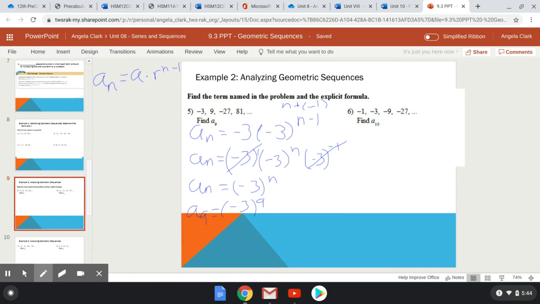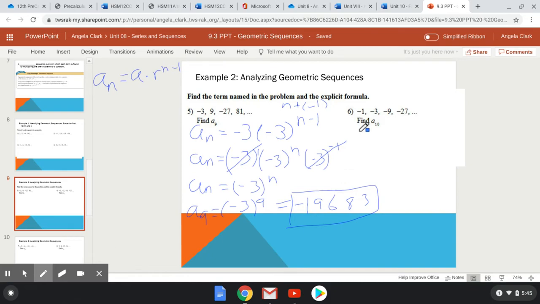So we would plug -3 to the 9 into a calculator, and we would get -19683. So this is our 9th term for number 5. All right, so hopefully that makes sense and not too much trouble.